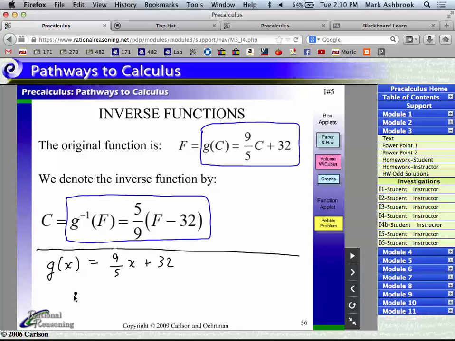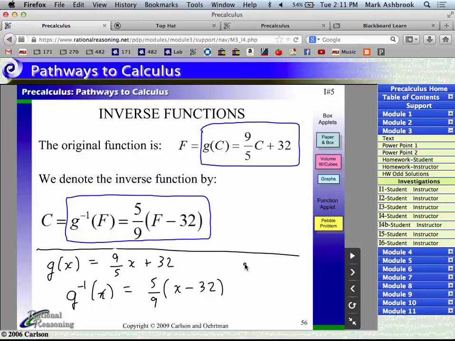So commonly, you'll also see G inverse of X. And tell me what G inverse of X is. Corey, what's G inverse of X? 5 over 9 times X minus 32. So now, what's the meaning of X in the G function?